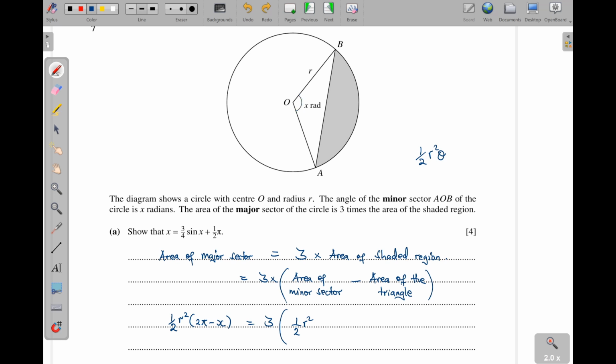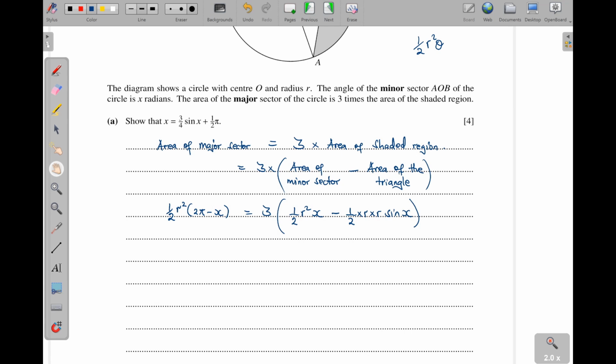Now, here we are going to have x, then minus area of the triangle. Area of the triangle, which is not right angled, you just need to get the sides which are forming an angle. So that will be a half, then times r, because this one is r, then sine of the angle in between, which is x.